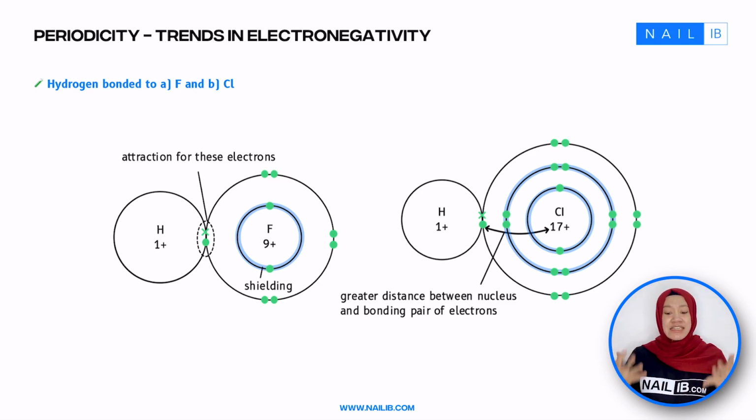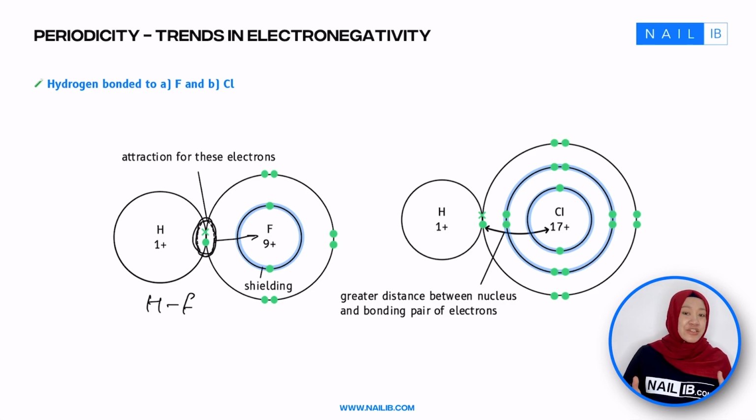Electronegativity is the tendency of an element to attract a pair of electrons of a bond towards themselves. This is a bond, right? HF. So which one is more electronegative? It will have the greatest attraction.